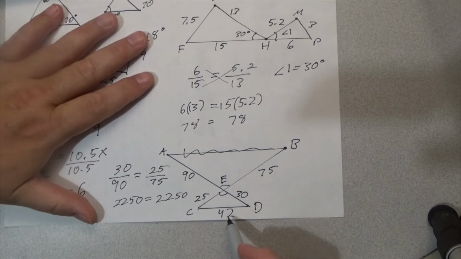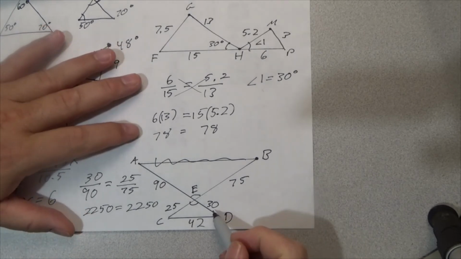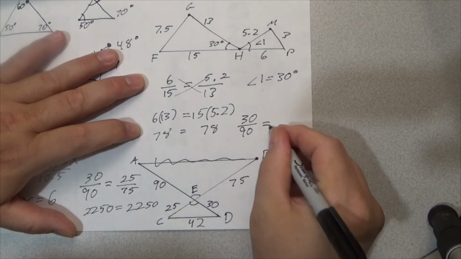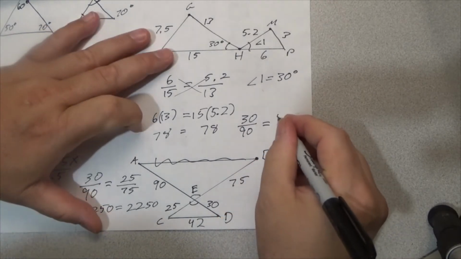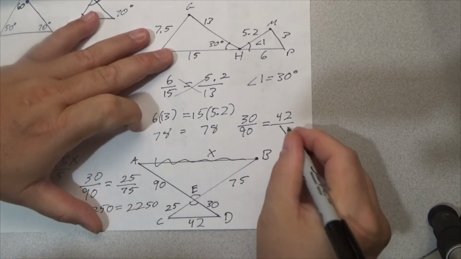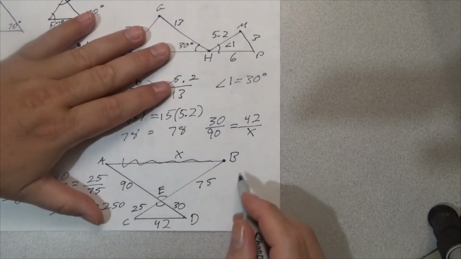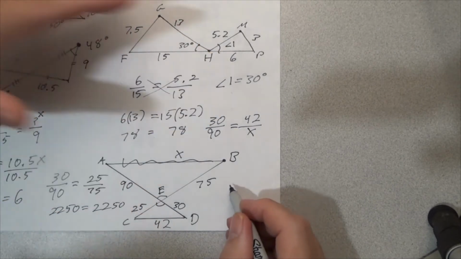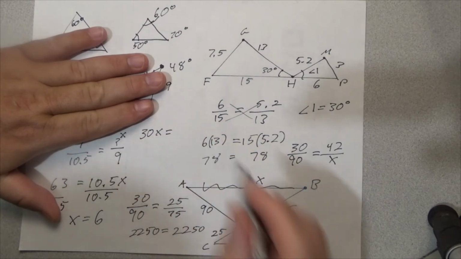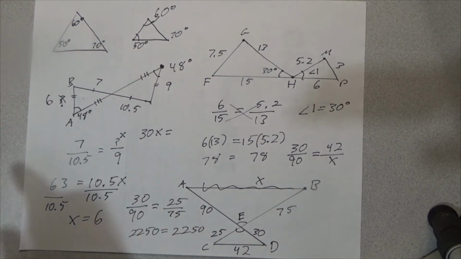So now, how do I figure out what that is? I'm just going to use the 30 to 90. So 30 over 90 should be equal to 42 over AB, or I'll just use X. I'm running out of space on this one, so I'll do it right here. 30 times X is equal to 90 times 42.